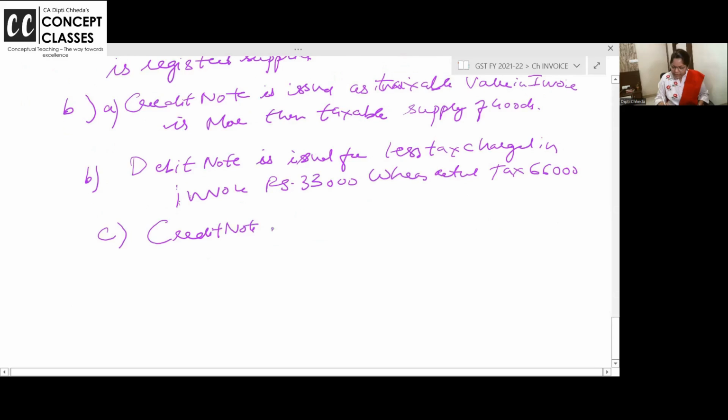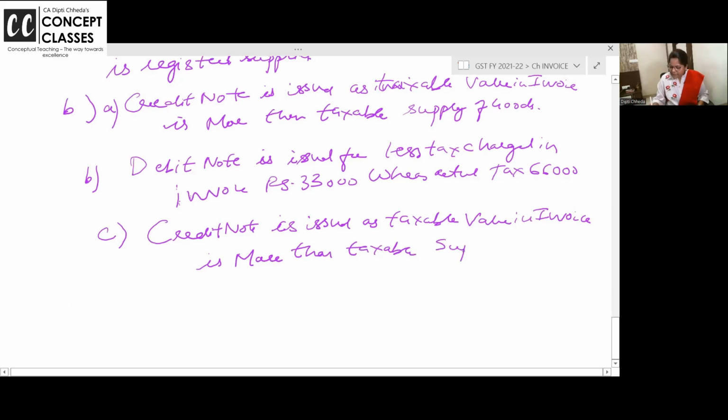Credit note is issued as taxable value in invoice is more than taxable supply of goods. You have sent the goods of only 420 sold, but you have billed 520. तो पार्टी को डेबिट हो गया है 520. रिवर्स करो.